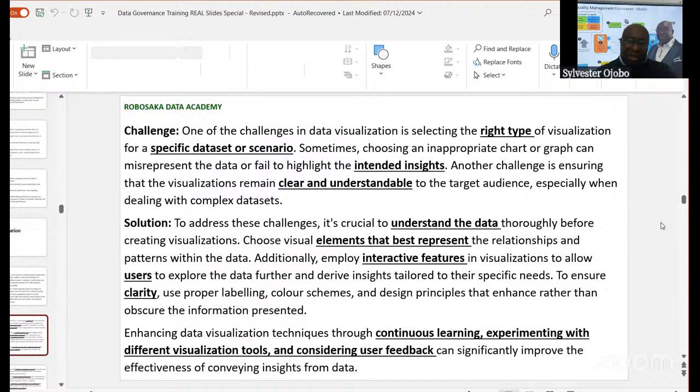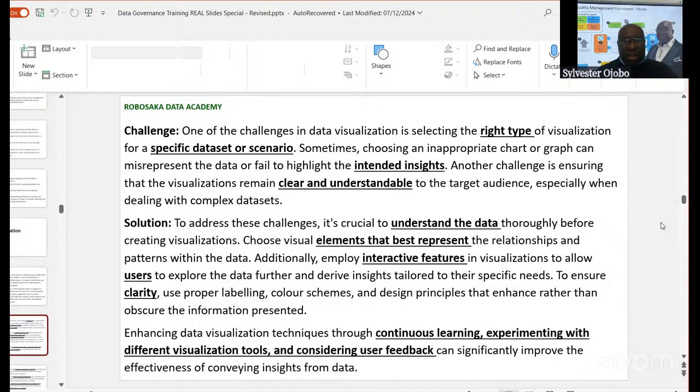But in real sense, as a data governance manager and data analyst, it is very good that you understand the right type of visualization for a specific data set or scenario that you want to display.